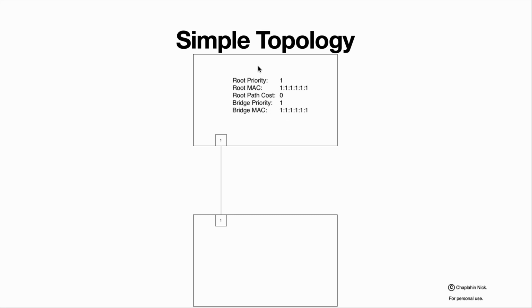Root path cost 0, because it treats itself as a root, 0, period. Bottom switch, the same, only bridge MAC is all 2s, and this information is copied to root. Again, the bottom switch treats itself as a root, so root path cost is 0.